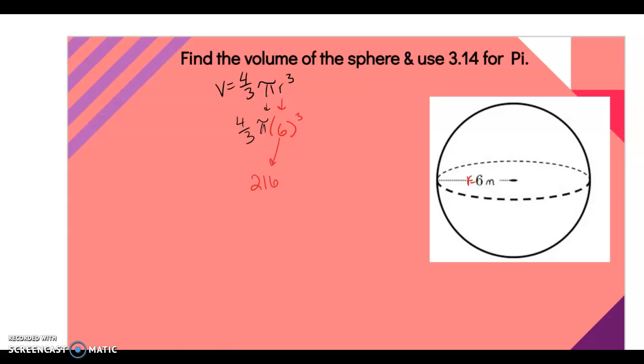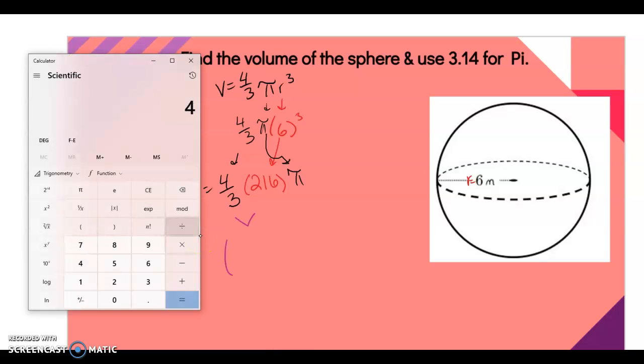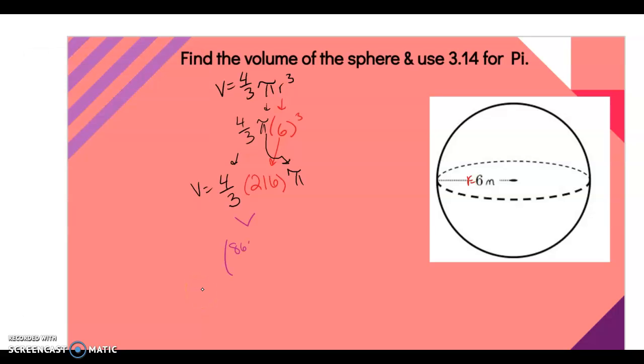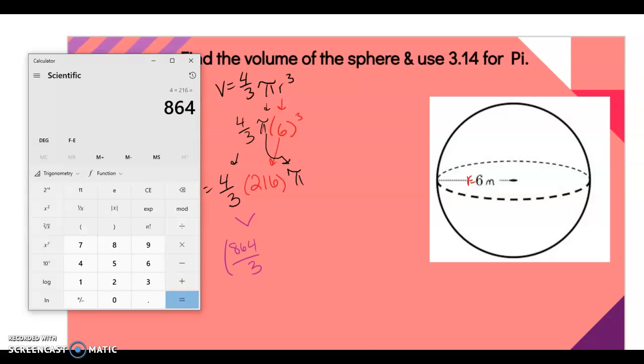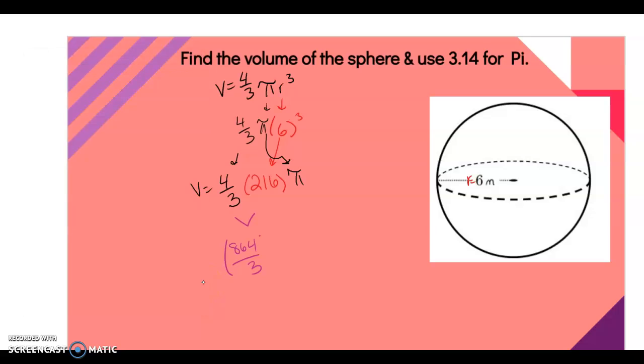And again, I'm going to move my pi to the back, or the butt of my equation. Multiply straight across, meaning I'm going to take 4 and multiply by 216 to get 864. If I divide that by 3, let's see if I get a nice number.